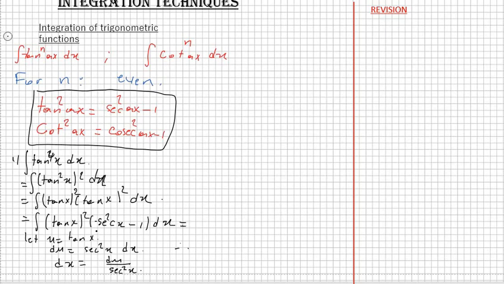So I'm going to realize that this expression can also be written as, so I can expand these two brackets. So I'm gonna have tan square x multiplied by sec square x minus tan square x. And then from here I can say let u is equal to tan x. So I find the derivative of u. So I get du, which is equal to sec square x dx.